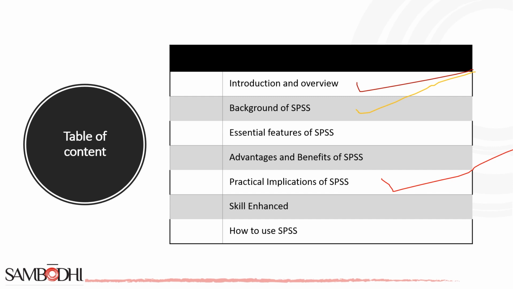Further, when we talk about how to use SPSS, we'll talk basically about the various steps through which we can use SPSS. Because directly we can't jump on SPSS. We have to first make an Excel file, or you can say a CSV file, and there is a proper way to prepare that file. And further, we have to import that Excel file into SPSS.